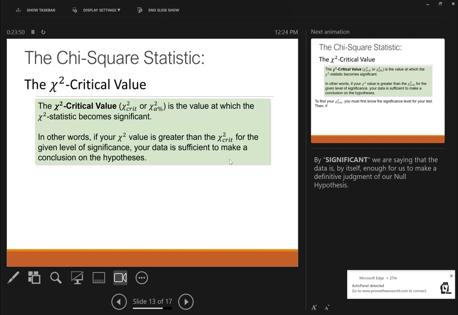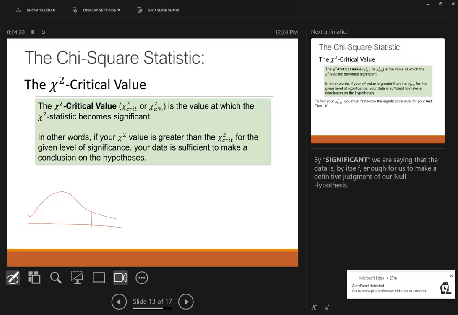So, you'll use this level of significance to do one of 2 things. The first is you can create a chi-squared critical value to use to compare against your chi-squared statistic. Okay? So the idea here is you have some chi-squared distribution, right?